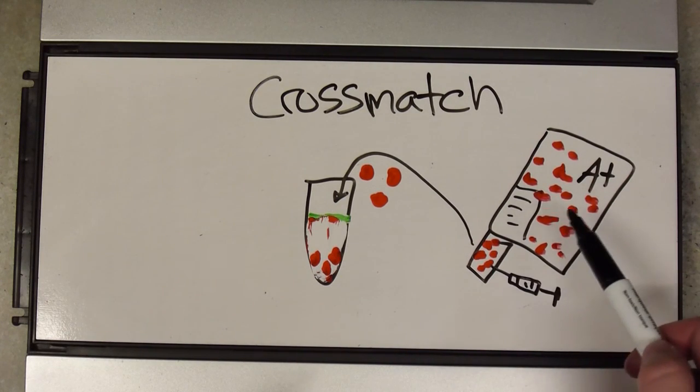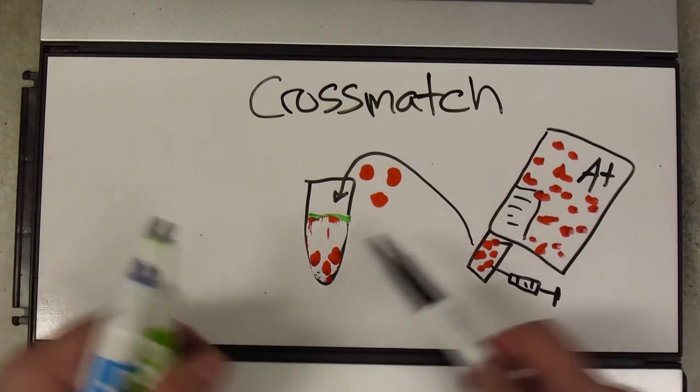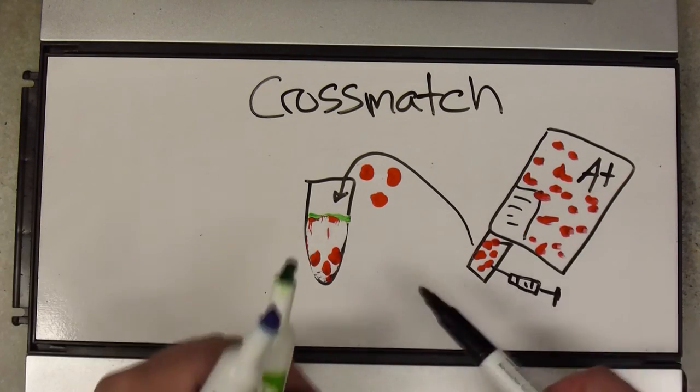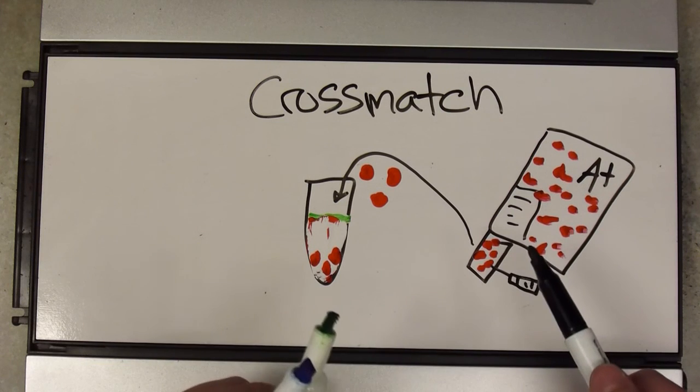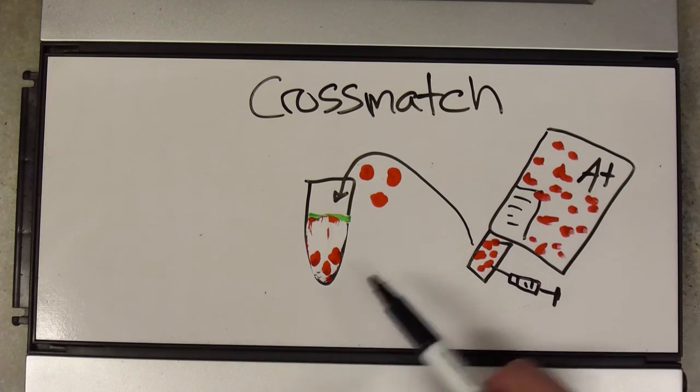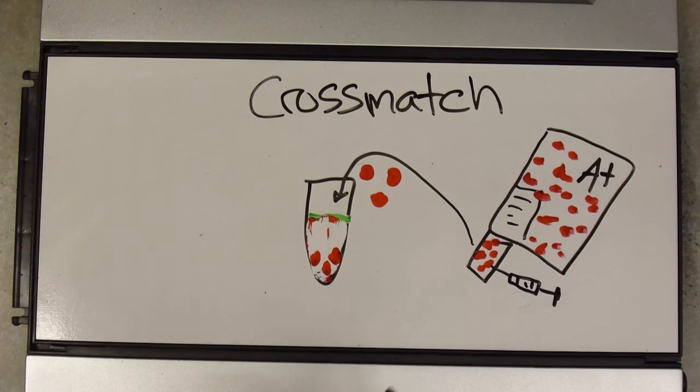And we might not know what it is because maybe it didn't show up in our panel of tests. Maybe it's an unusual smaller antigen, but if it's not compatible, then we will not be giving this blood to this person if there's agglutination.